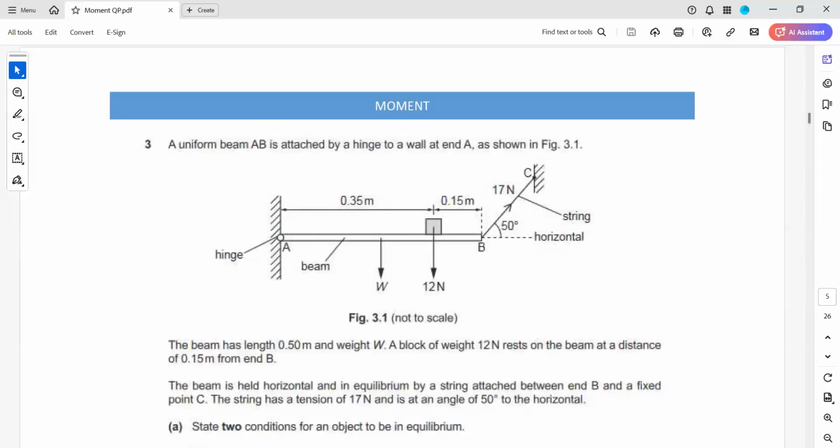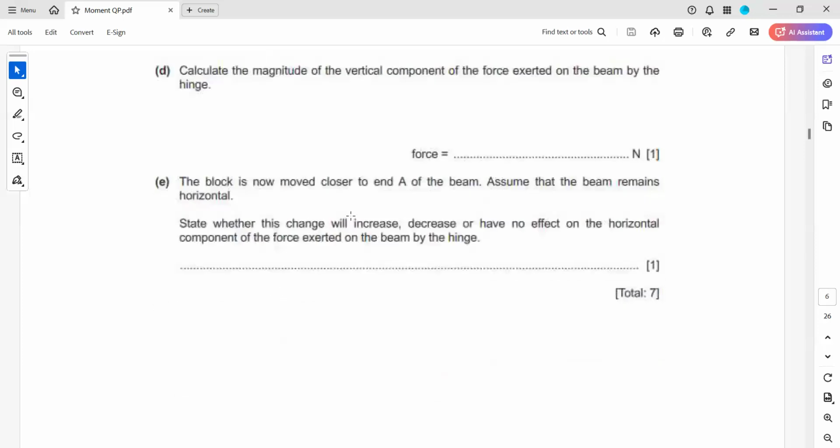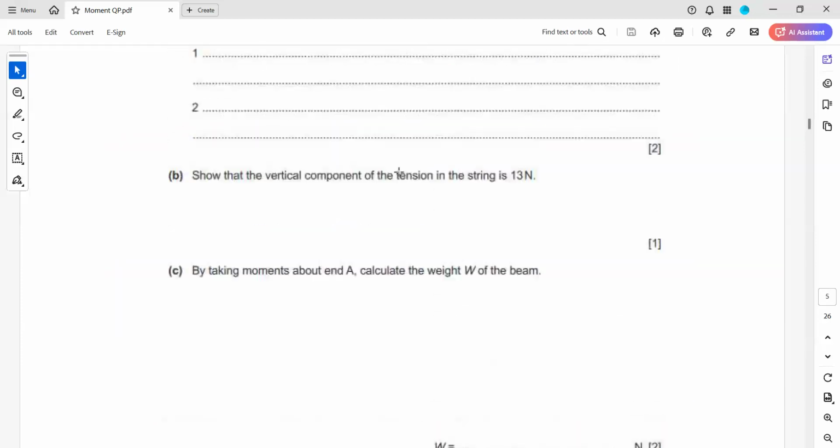So in the question, this block is there and this block is moved more towards the pivot, closer to end A.